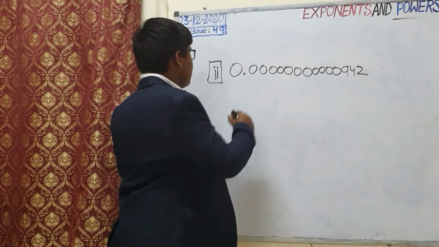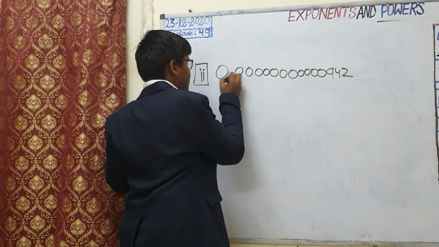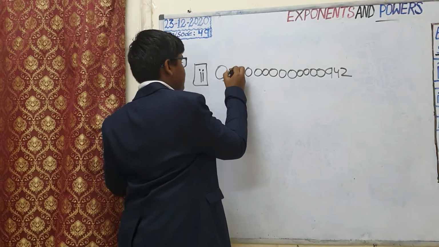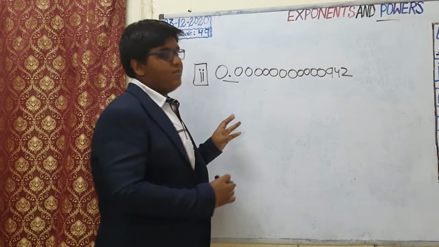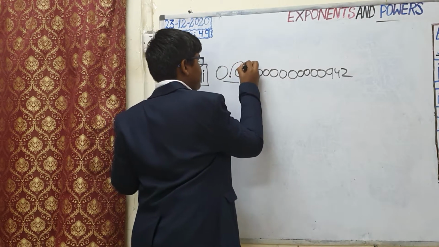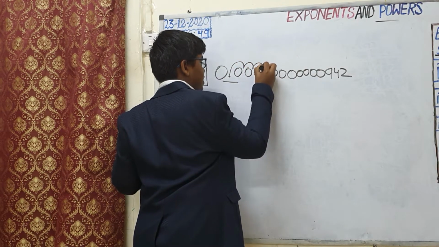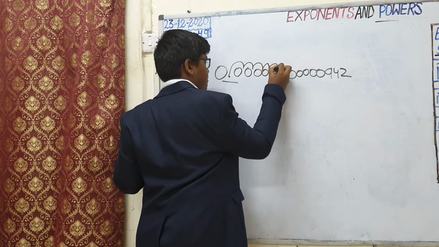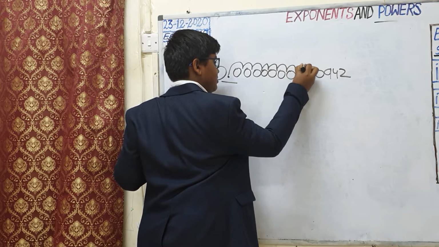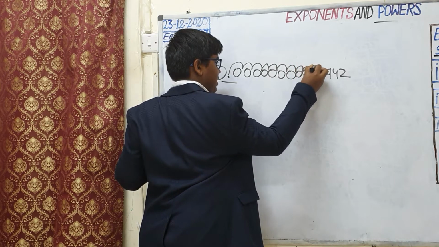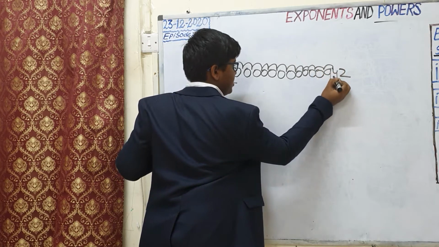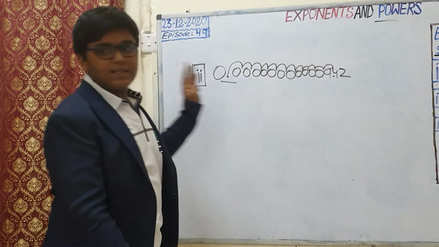As we did in our previous question, we will count till we reach the number 12. This is the place where we will put the point when we cancel all these zeros.